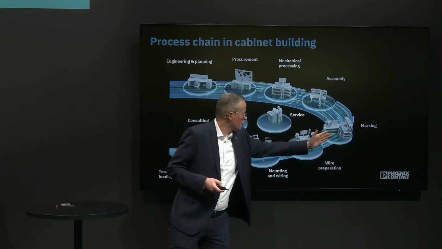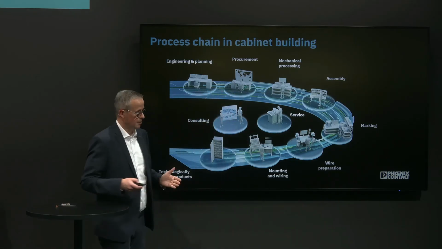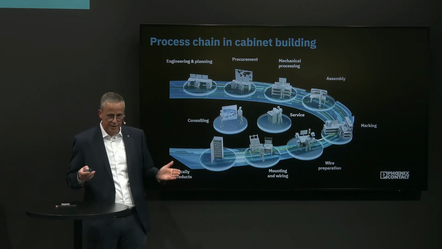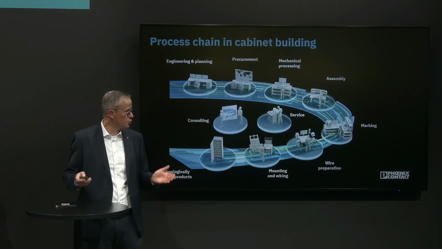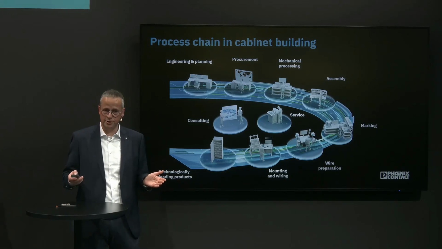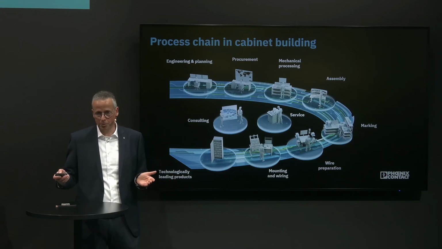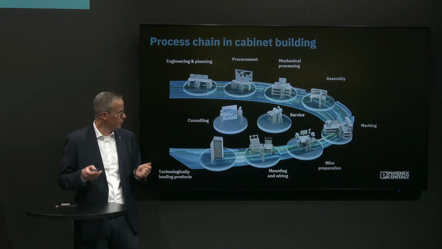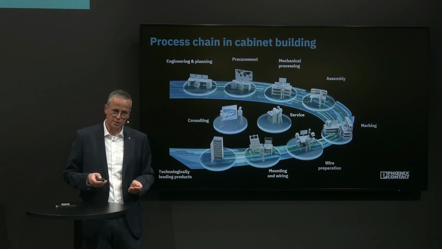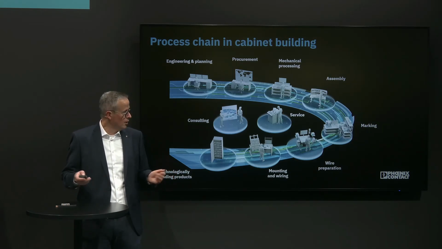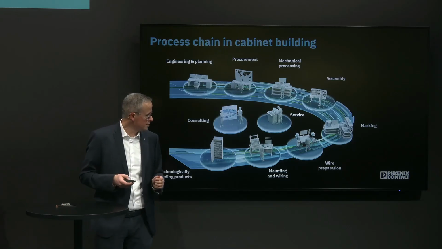Then of course we have the marking products themselves, as well as the devices to build the markings. Doesn't matter if it is about the marking of terminal blocks, but also marking of the complete control cabinet. There are a lot of points where we have to mark, and we are offering all the products you need for that. So the markers and all the devices.